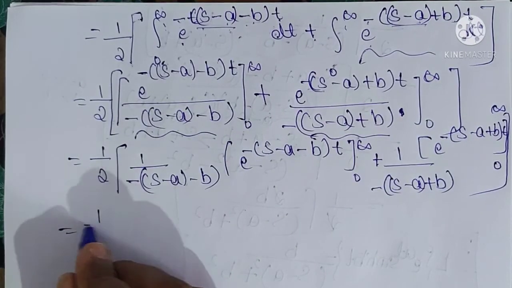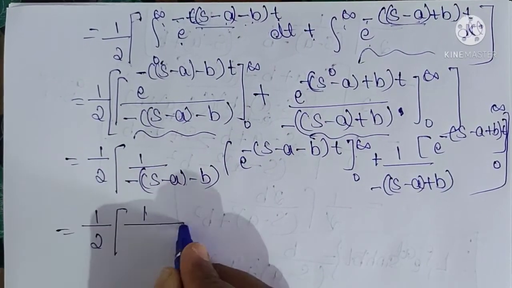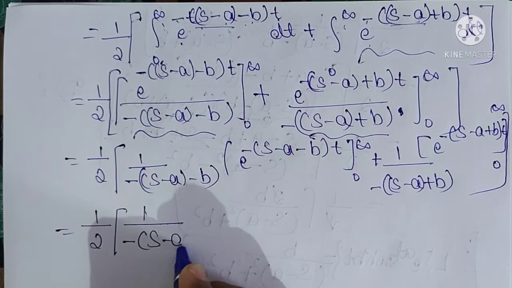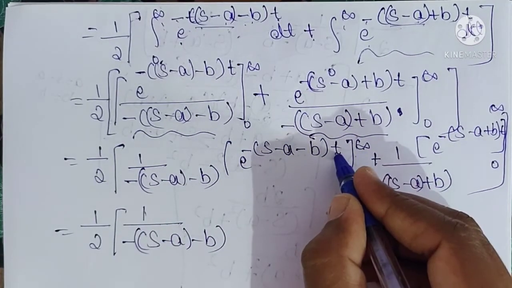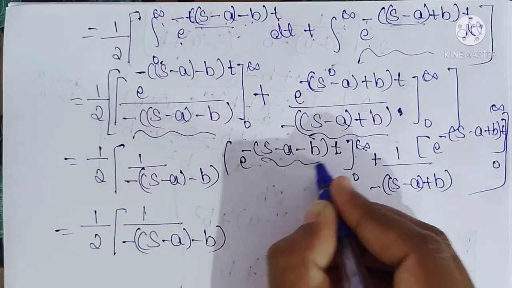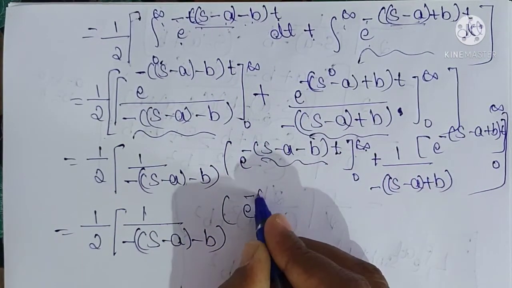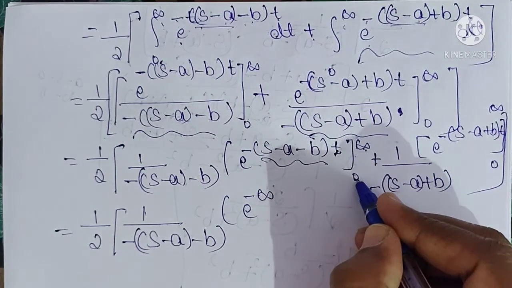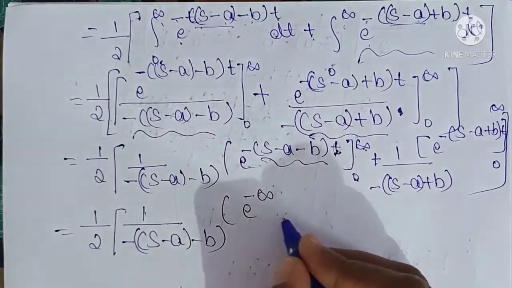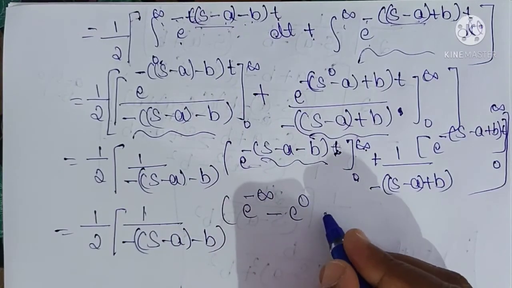Now apply limits. First apply the upper limit. If t equals infinity, infinity times this term is infinity, so we get e^(-infinity). Next apply the lower limit. If t equals 0, 0 times this entire term is 0, so we get e^0.